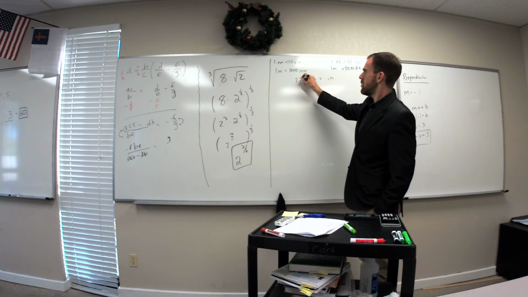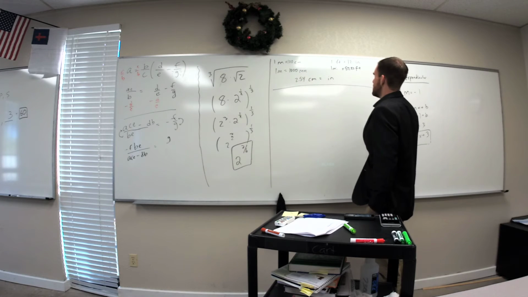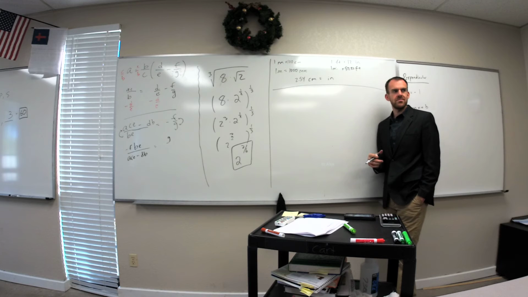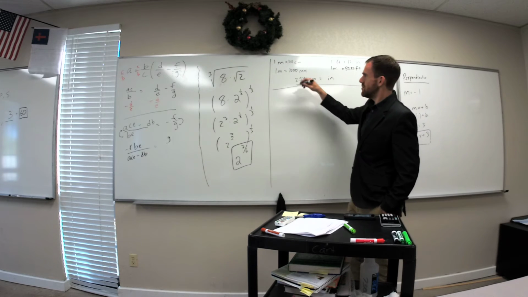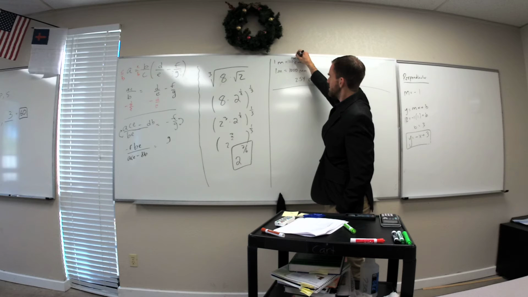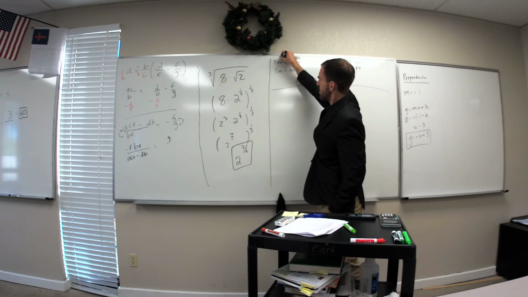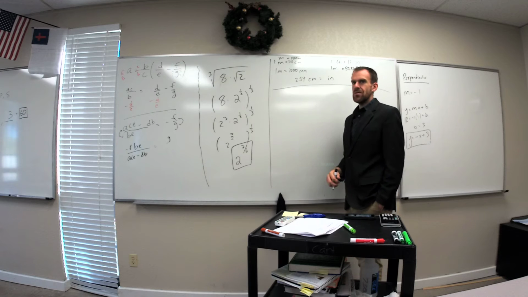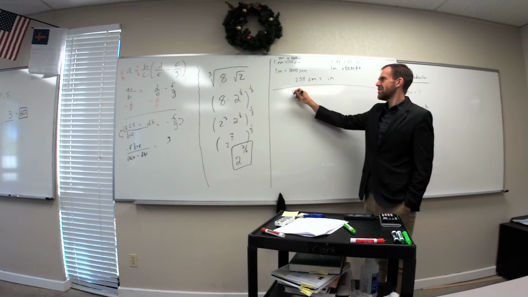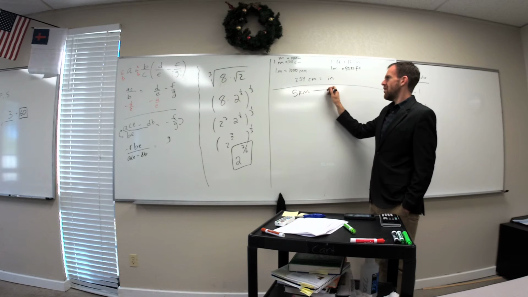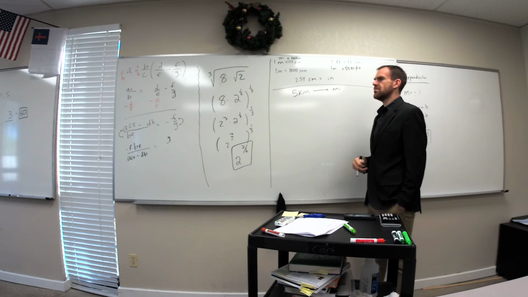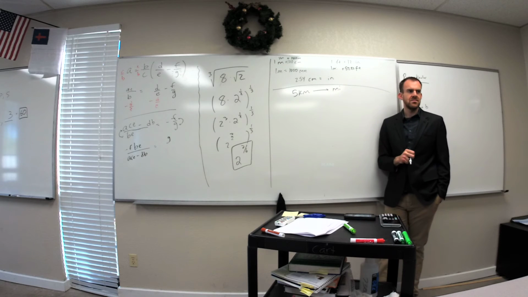So you should know those as you convert. Probably kilometers too. There's 1,000 meters in 1 kilometer. So, suppose I had 5 kilometers, and I want to know how many miles that was. How do I do that?